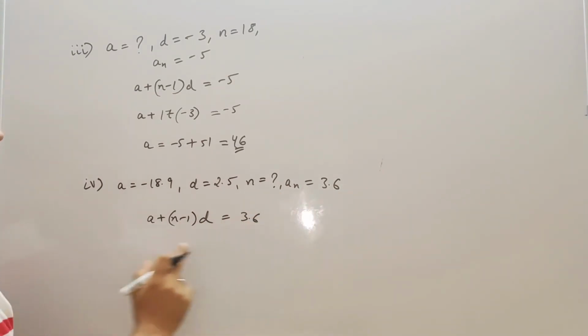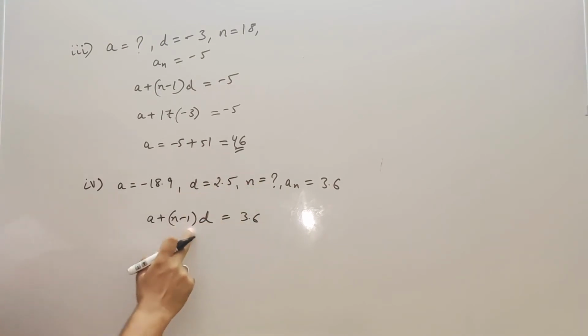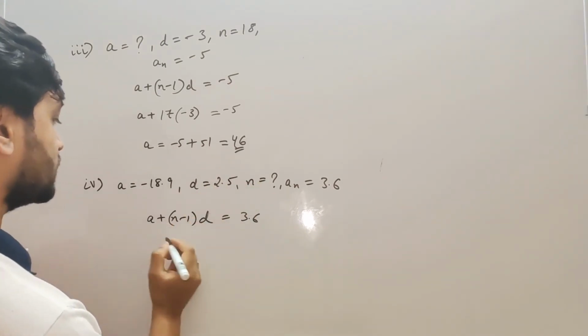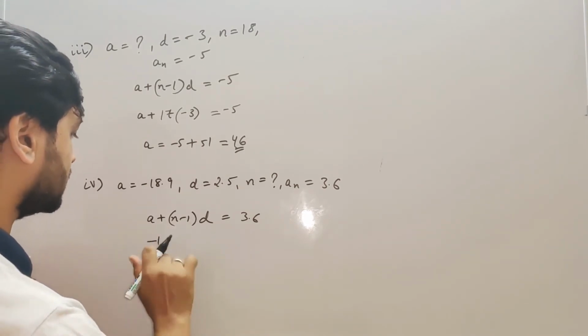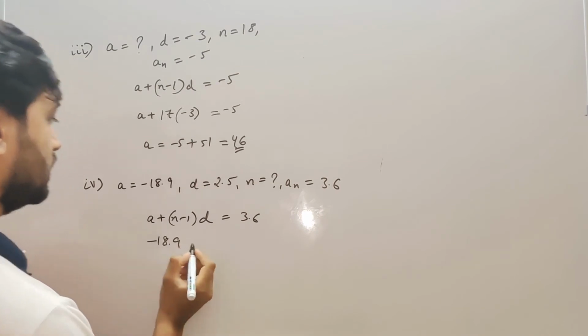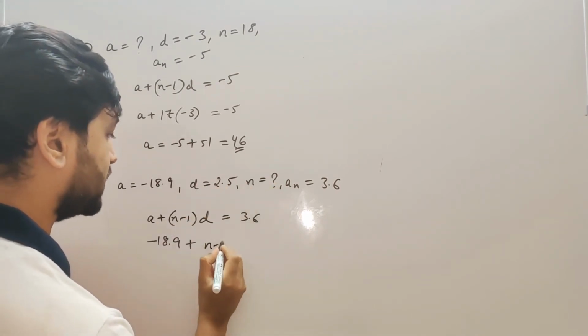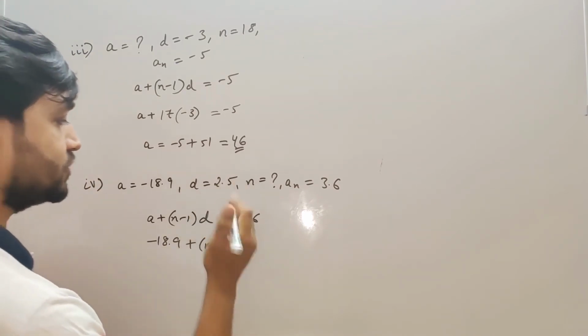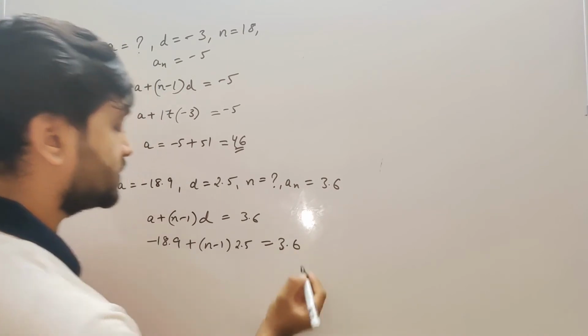Now here I know the a value, I know the d value. The n value can be found if we simplify. So I'll just substitute the values: minus 18.9 plus (n minus 1) into 2.5 is equal to 3.6.